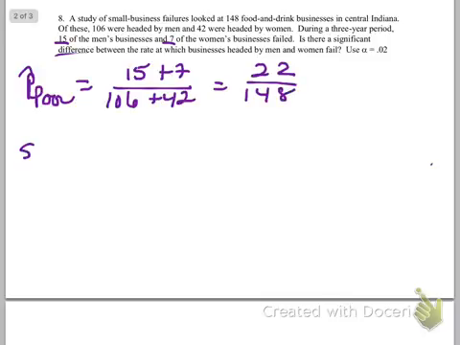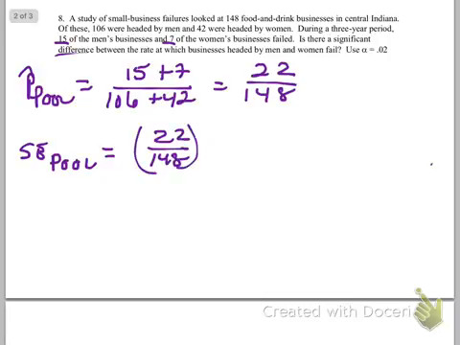All right, so now let's define my standard error pooled. So that's going to be 22 over 148. Now this is going to be easy to subtract, so I'm just going to subtract this.